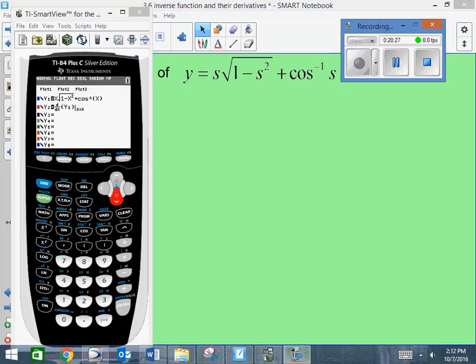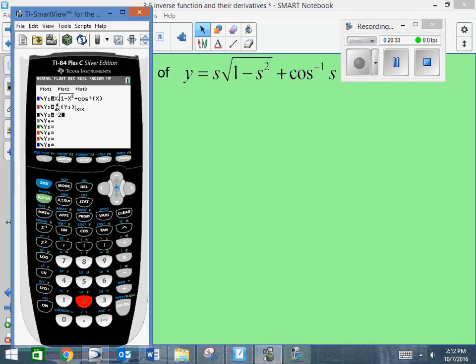All right, so I put the derivative, now I'm going to put my answer. Negative 2x squared on top of radical 1 minus x squared. Let's see if I'm right. Okay, blue is the function.